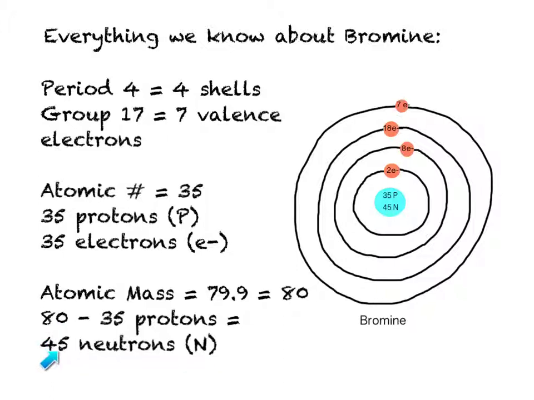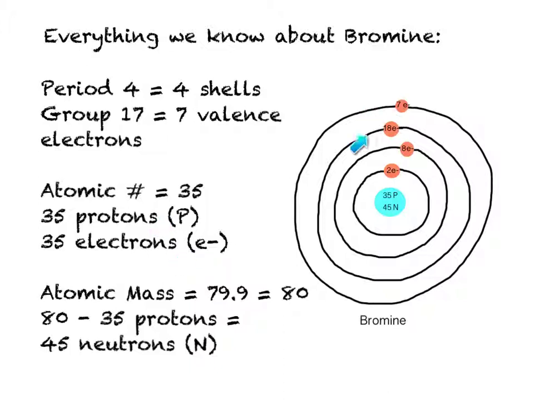So let's regroup everything we know about bromine. We know that it's in period 4, therefore it has 4 shells: 1, 2, 3, 4. We know it's in group 17, therefore has 7 valence electrons, right here. We know its atomic number is 35, therefore it has 35 protons, here, and 35 electrons, because protons always equal the number of electrons.